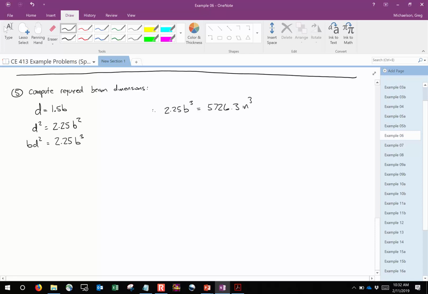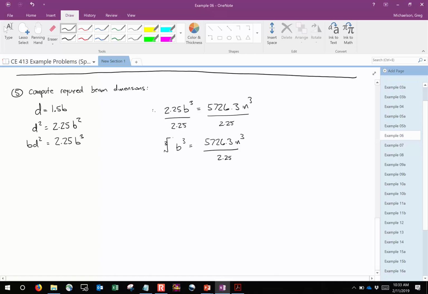And so how do I determine what B is? Just solve. We divide by 2.25, so B cubed equals 5726.3 cubic inches over 2.25, and then all I have to do is take a cubic root, or raise it to the 1/3 power, whichever your calculators prefer.